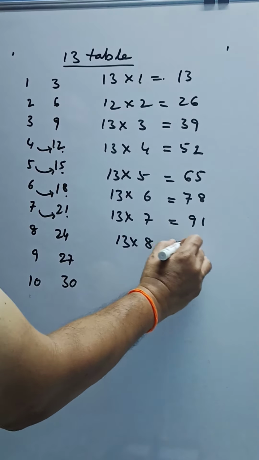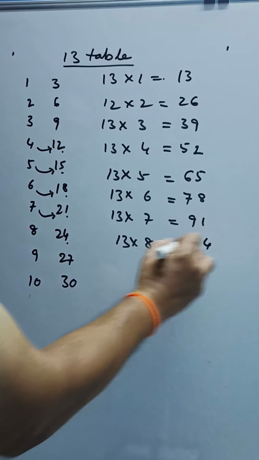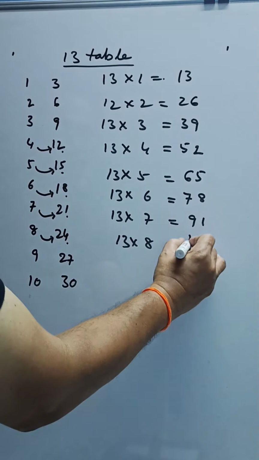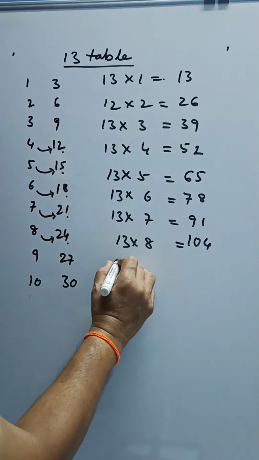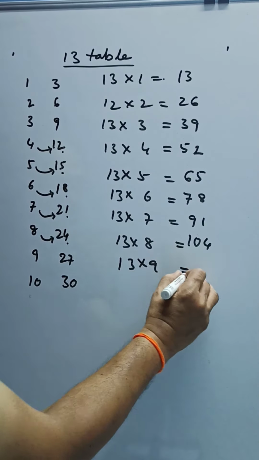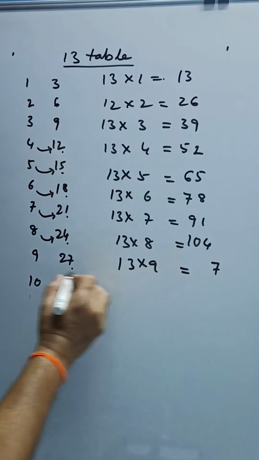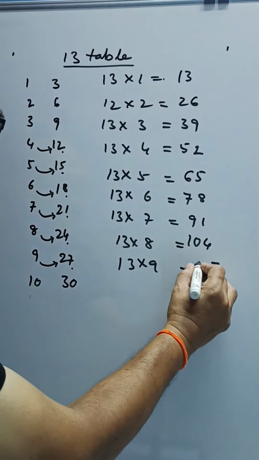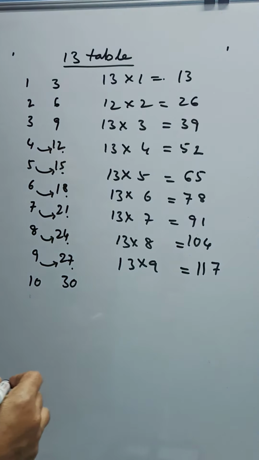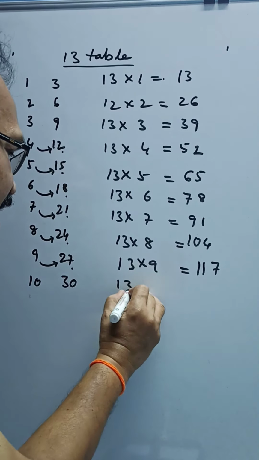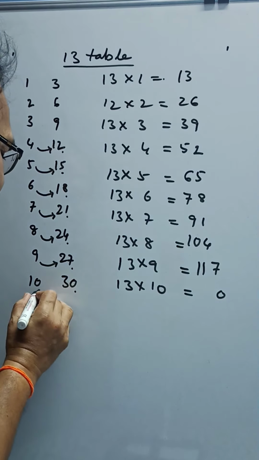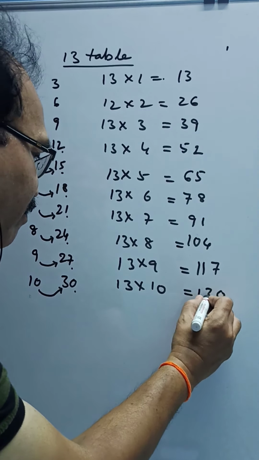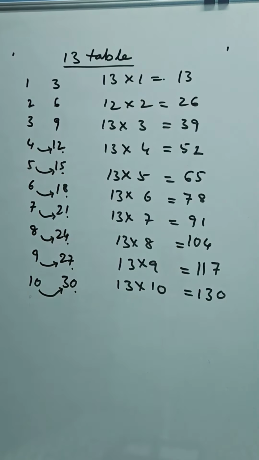To write 13 eights are, 4 in the ones place and 8 plus 2 is equal to 10. 104. 13 nines are 7 in the ones place, 9 plus 2 is equal to 11. 13 nines are 117. 13 tens are 0 in the ones place and 10 plus 3 is equal to 13. 13 tens are 130. 13th table is over.